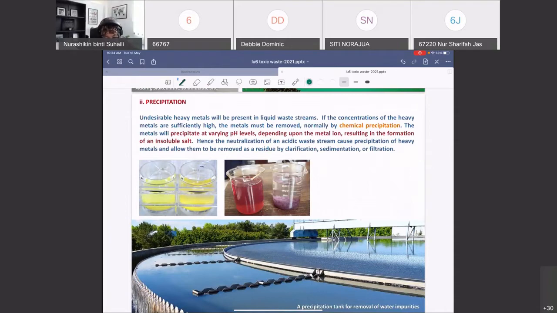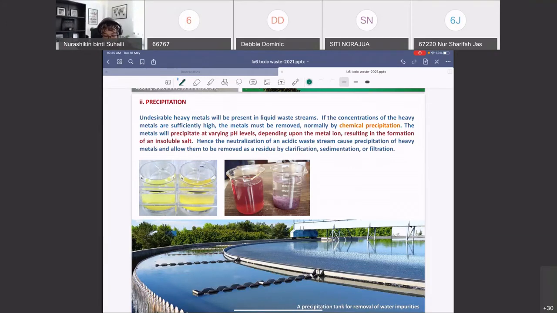Precipitation is another type of chemical treatment. How this process goes is by varying the pH levels, because most chemicals can form precipitates. They can precipitate by altering the pH values of the solution of the compounds. So the basic principle is by varying the pH levels, and depending on the metal ion, the different compounds have different pH values that can cause them to precipitate.